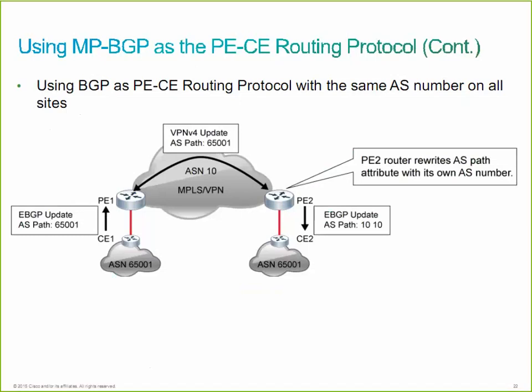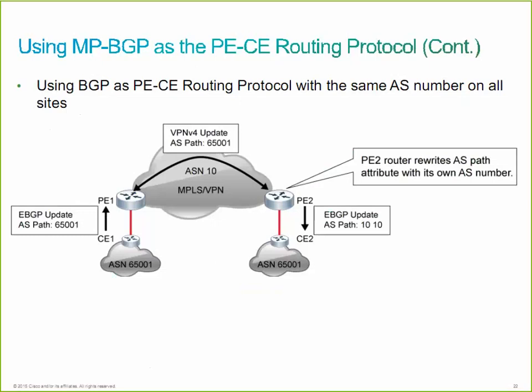If the customer edge router wants to identify the origin of the route, it has to be based on some other attribute. We have to use another mechanism, maybe some sort of MPBGP standard community attribute or something to that effect. So that means we're going to have to configure our CE routers to support that additional feature, that additional option.